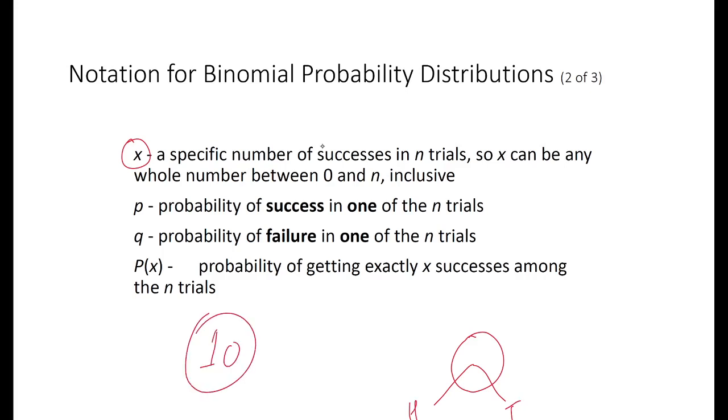Out of 10 times, let's say you want to have 3 heads, so HHH out of 10 trials. So what's the probability of getting 3 heads out of 10 trials? In this example, the value of x is 3 and the value of n is 10, and success in our case is a head.